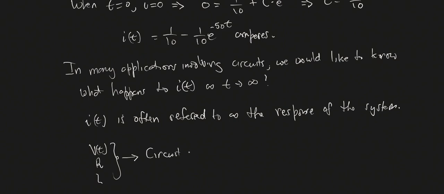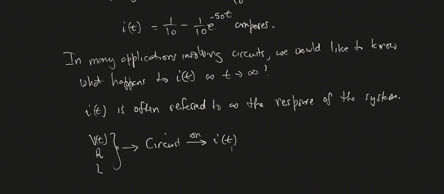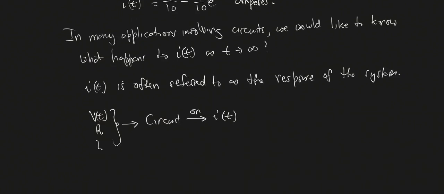And then we turn it on, and what we then analyze is the current. You can think of these as the inputs, and this is the response. It's like the stimuli and the response. This is just an electrical analogy of that. So we refer to I of t as the response.